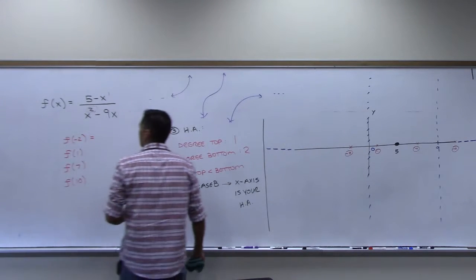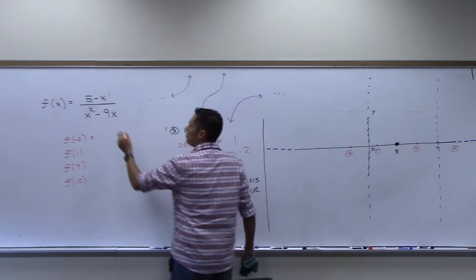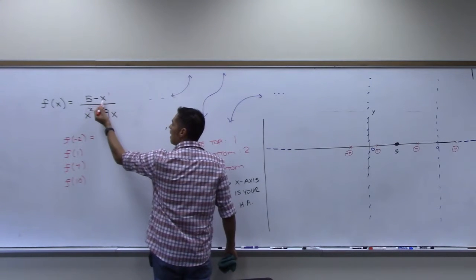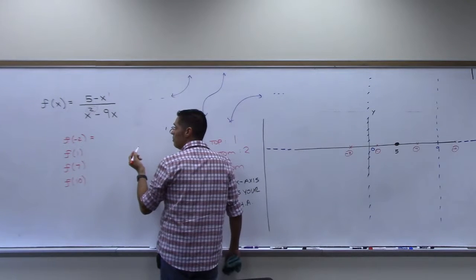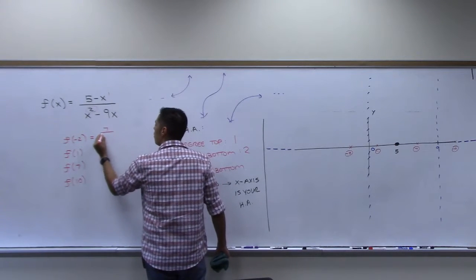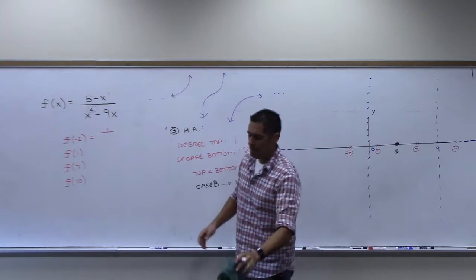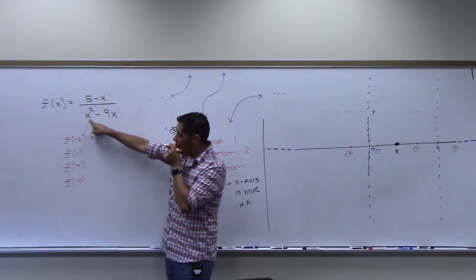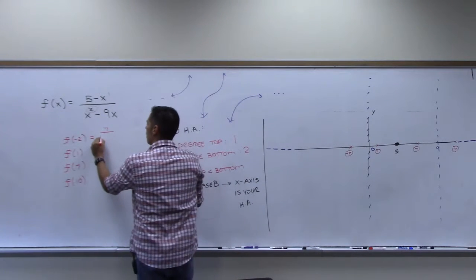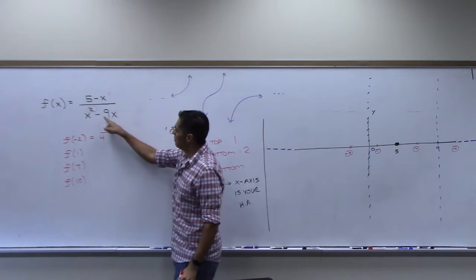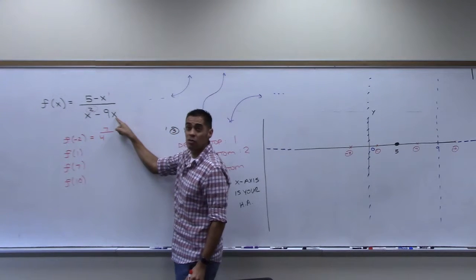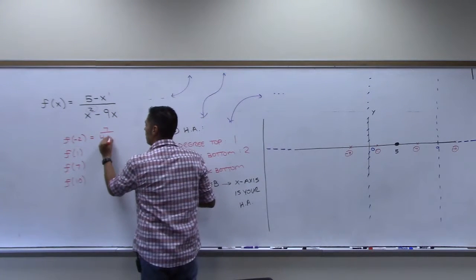All right. What happens if you plug in -2? 5 take away -2 is the same as adding 2. So I get 7 over. What's -2 squared? 4. And then what's -9 times -2? 18. Plus 18.